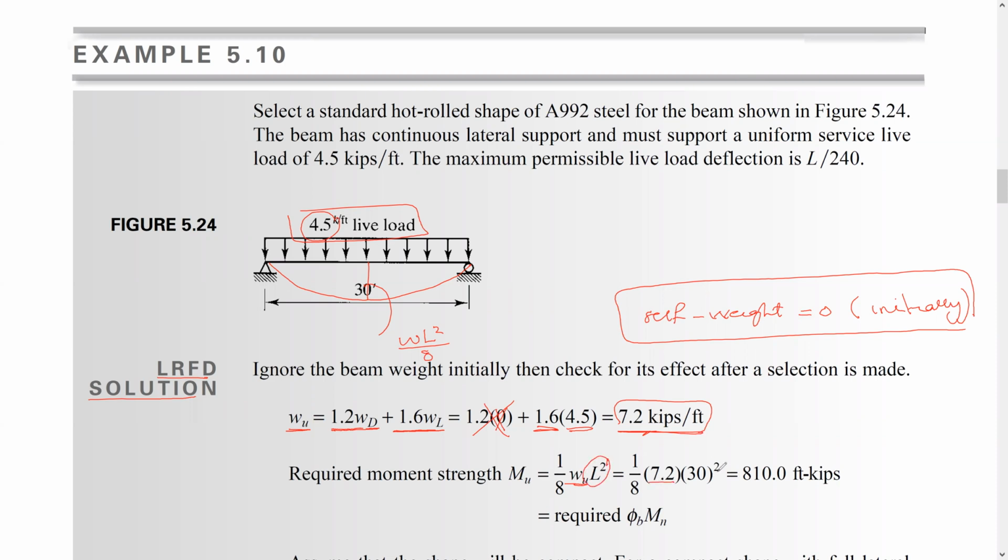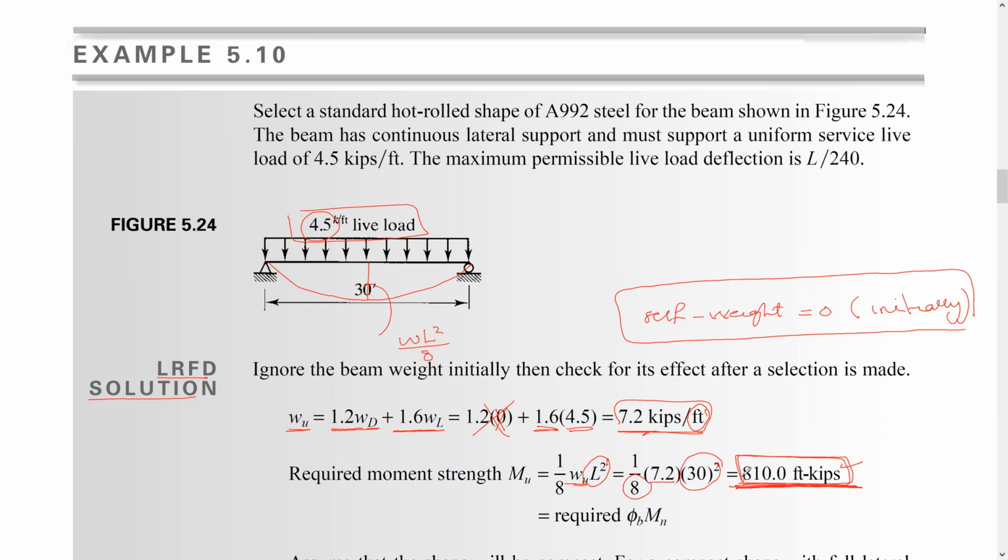L is 30 feet, and we did not convert it because we got the load here per foot, so no need to convert it. Dividing by 8. So this is the required flexure strength, 810 kip-feet. We need a cross section that carries at least this load or more.